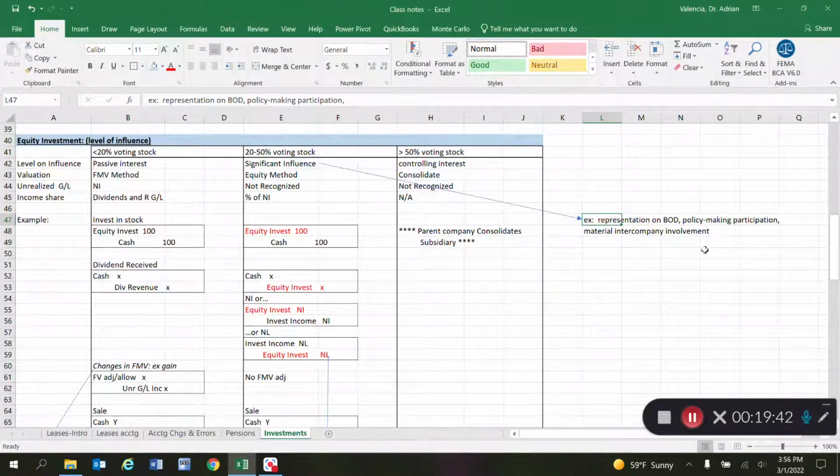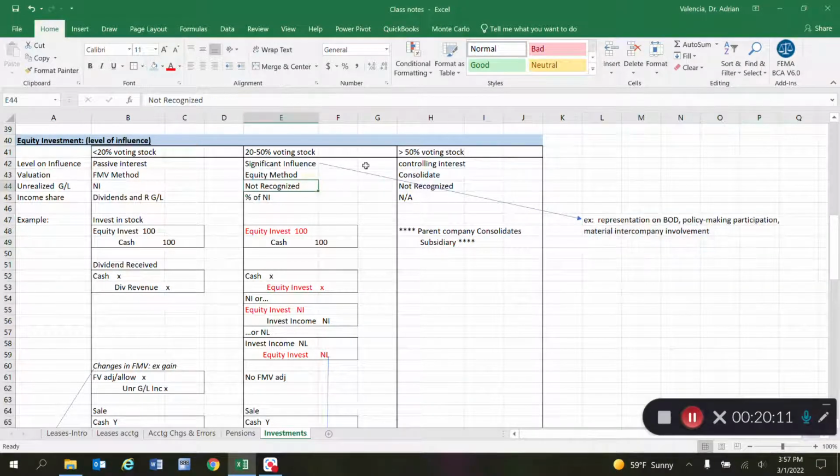If company X exercises some of these influences, then those are clear examples that we should use the equity method for accounting. Another sign is when you have material intercompany involvement, whether that may be of transactions, of personnel, or other things, then those are good examples of a company exercising significant influence over another.